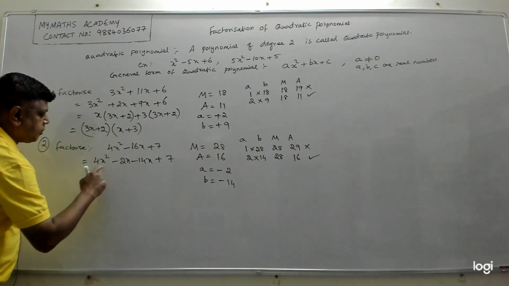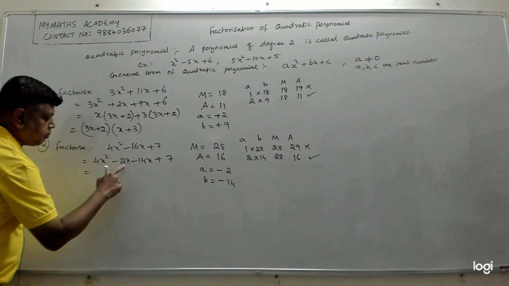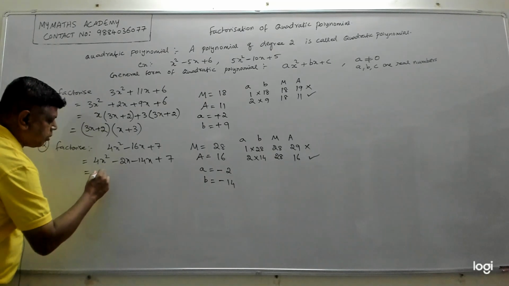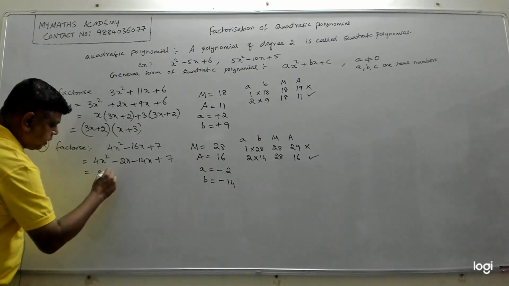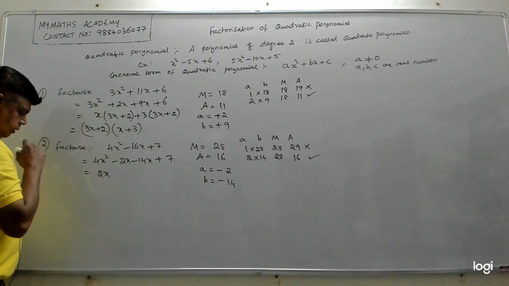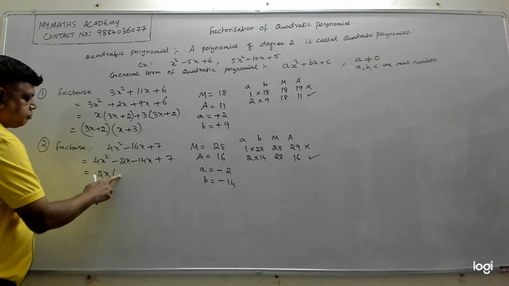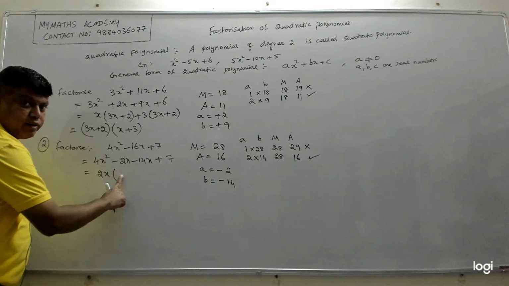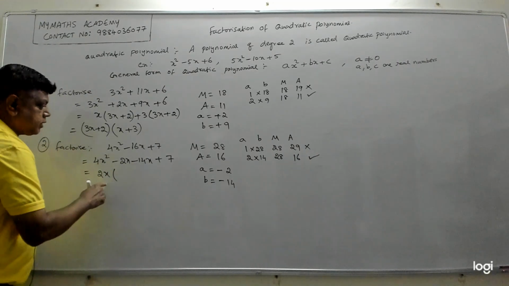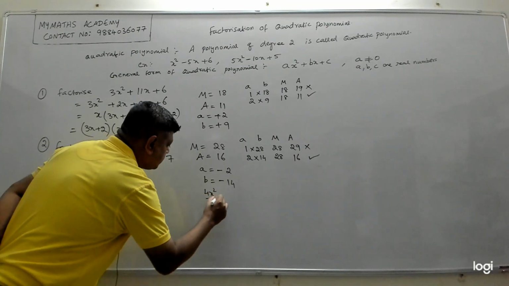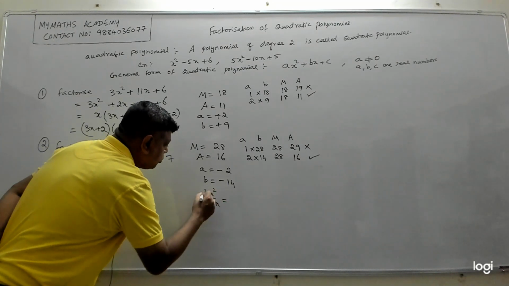Now again here what is common in these two? Number 2 is common. Both of them go in 2. So 2 is common. Even x is common. X is present in both. So 2x is common. Now if I take 2x out, what will I get here? To know how to find this, you divide 4x square by 2x. So what is 4x square by 2x? 2 2s are 4.